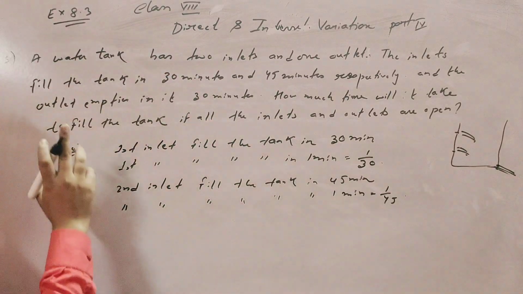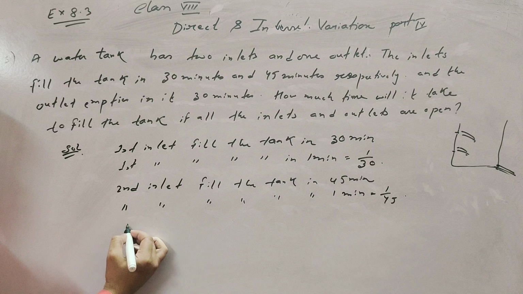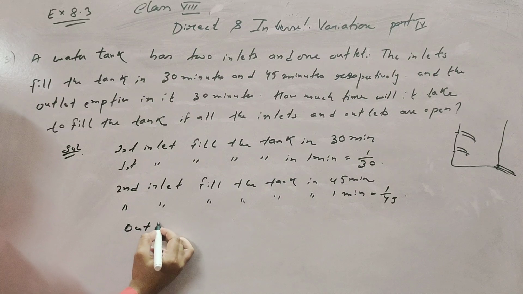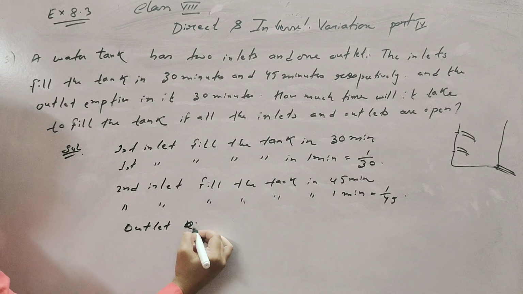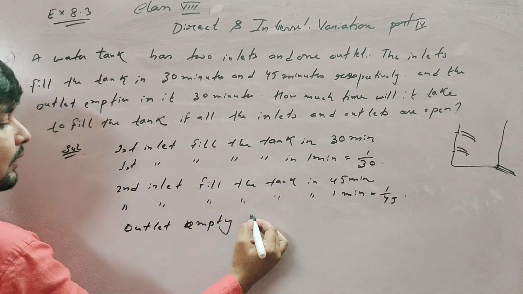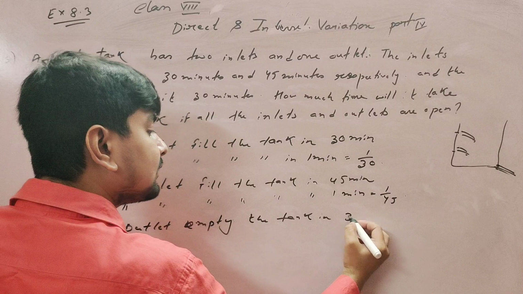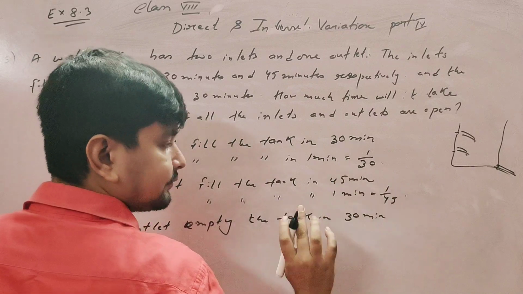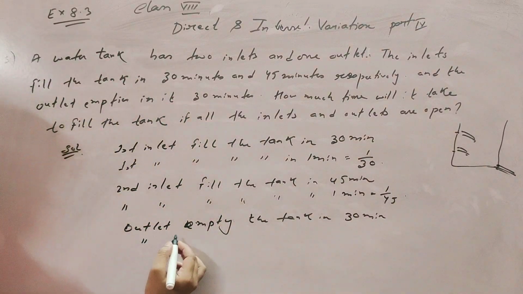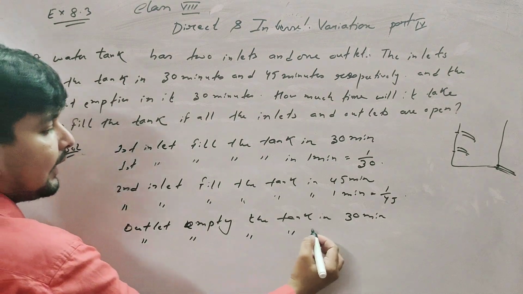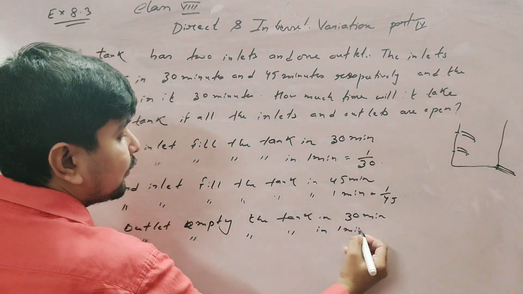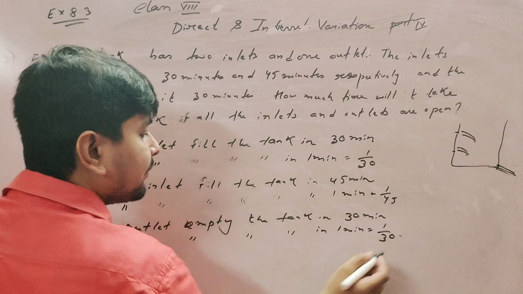The outlet empties the tank in 30 minutes, so in 1 minute it empties 1 upon 30.